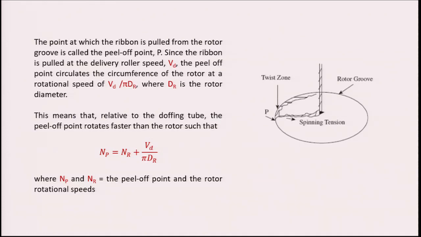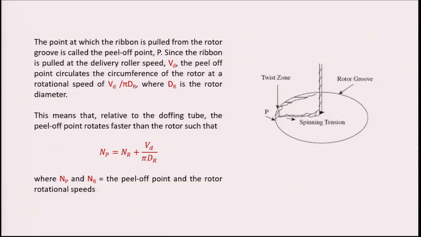One is the rotational rate of the rotor itself, n sub r, plus in addition to that the peel off point makes additional rotations as explained earlier, that is V sub d divided by pi times d r, where d r is the diameter of the rotor.